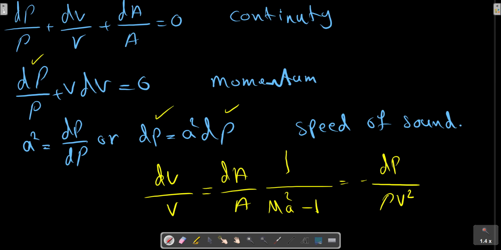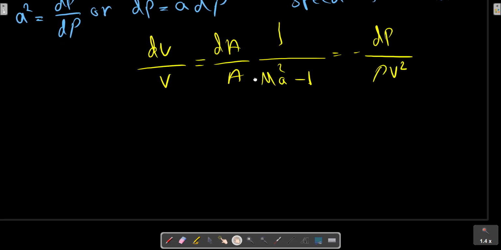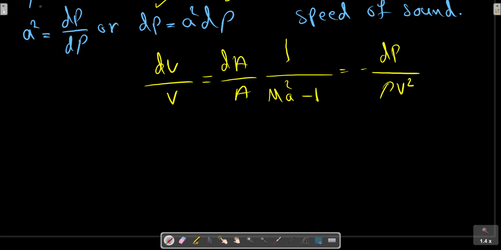Property changes are of opposite sign for subsonic and supersonic flow. Let me write them.